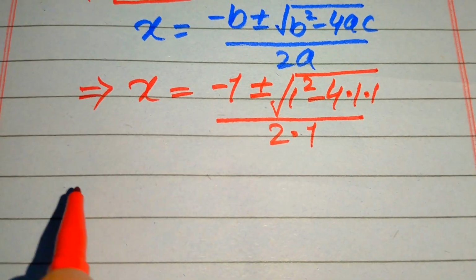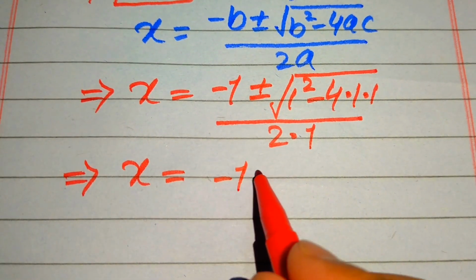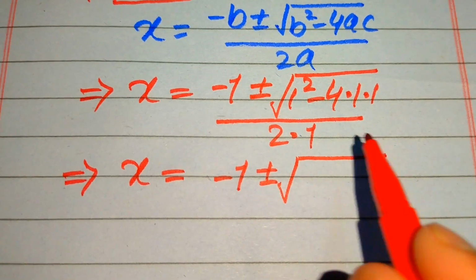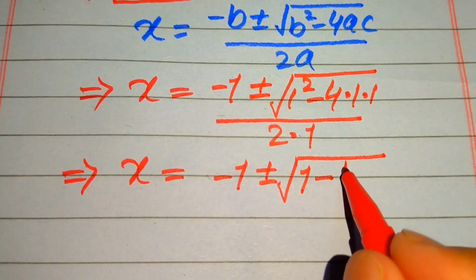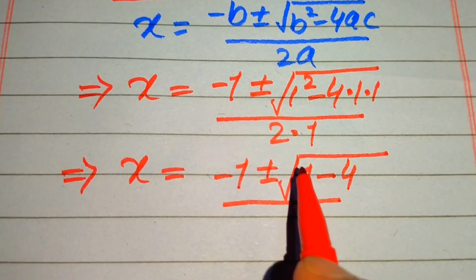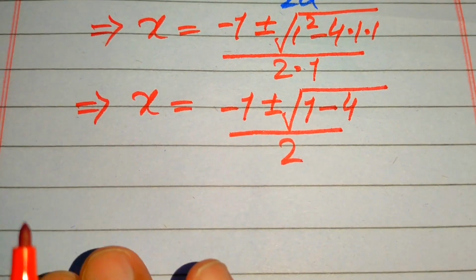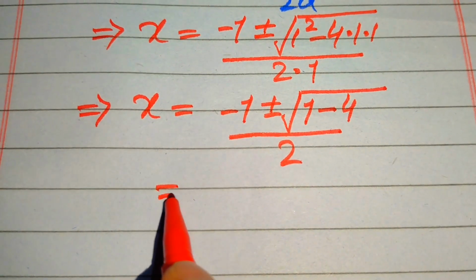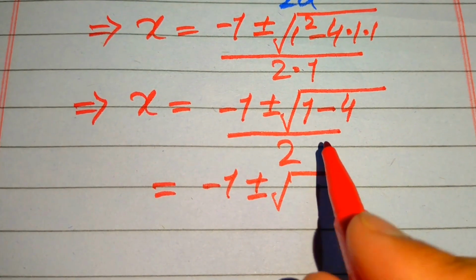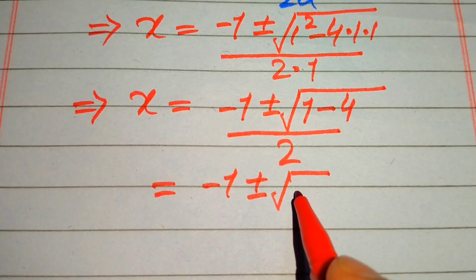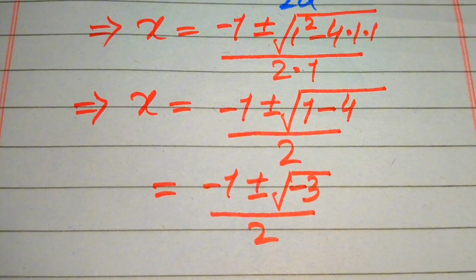In the next step we simplify, and we get x is equal to minus 1 plus or minus the square root of 1 squared. 1 squared becomes 1, minus 4 times 1 equals 4, divided by 2 times 1 equals 2. Further, we get minus 1 plus or minus the square root of 1 minus 4, and 1 minus 4 becomes minus 3, divided by 2.